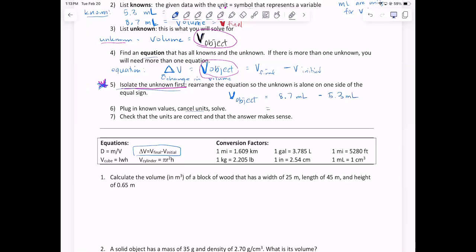The units are the thing I look at first, which is milliliters minus milliliters. So this is going to be still milliliters. They don't cancel out. And then this is 8.7 minus 5.3. I'm looking to write down the entire number from the calculator, which is 3.4. If it were a longer number, like 3.47128, I would write down the whole number.